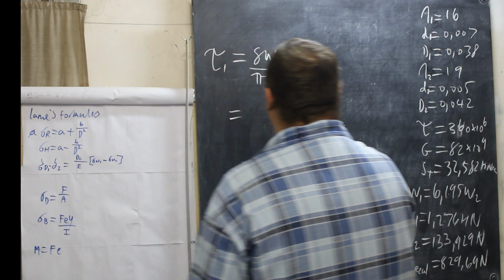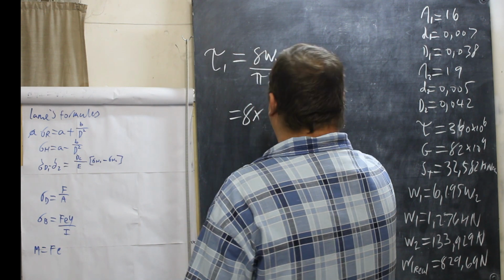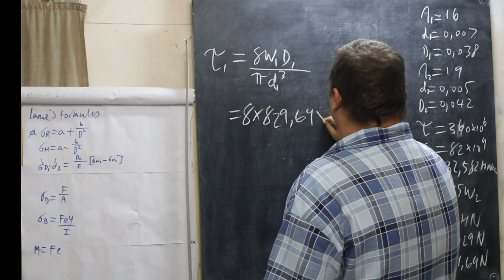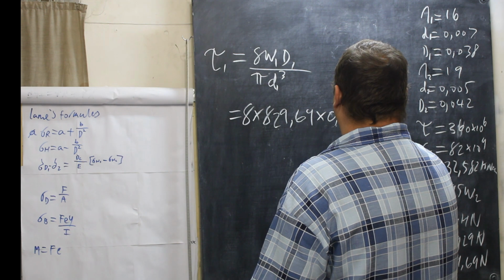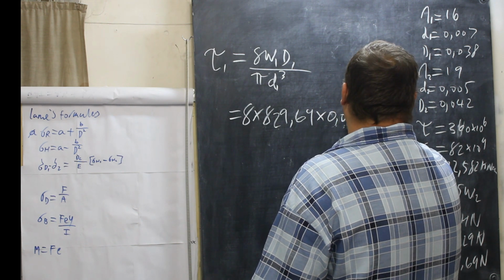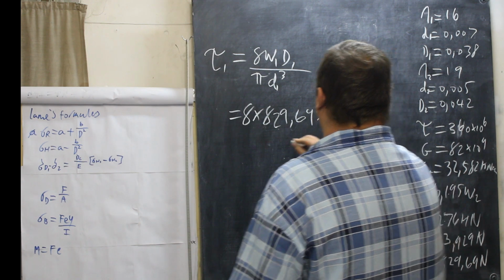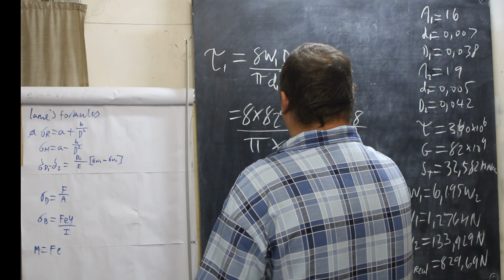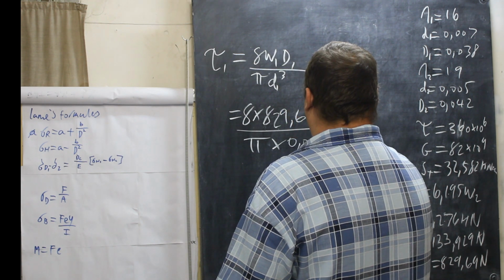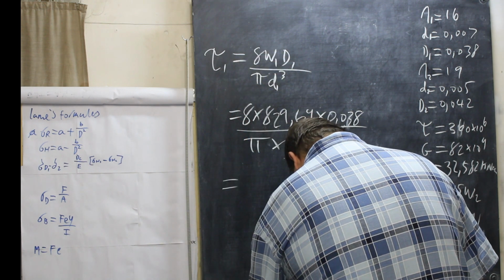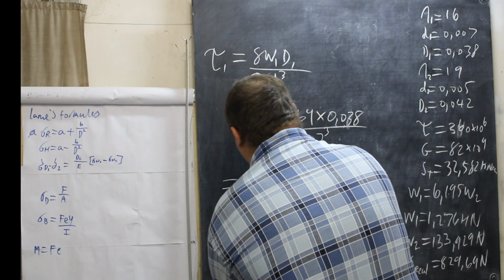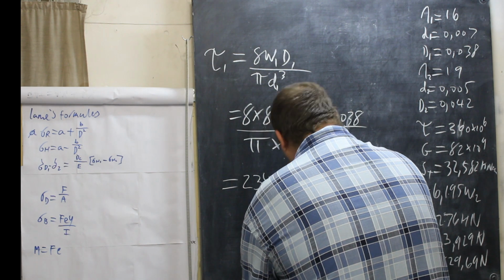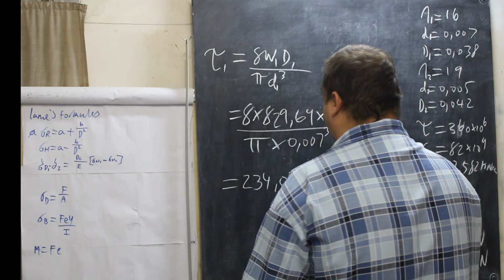So equals 8 times 829,69 times 0,00038 all over pi times d, which is 0,007 to the power 3. And this comes out at 234,07 megapascals.